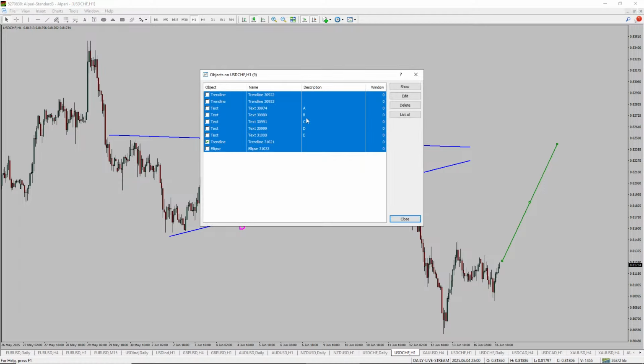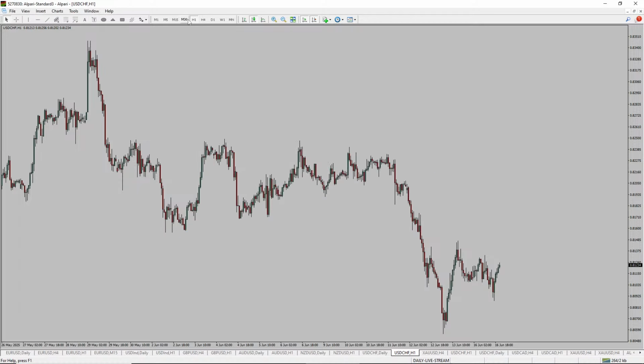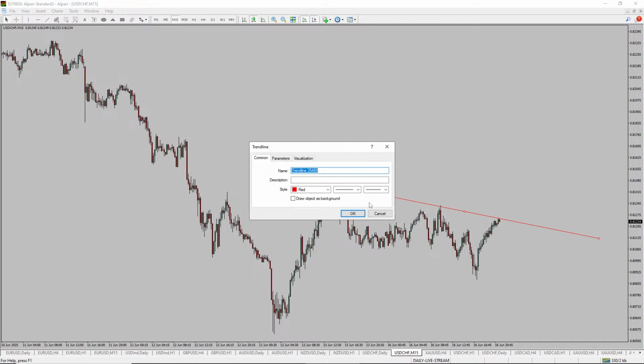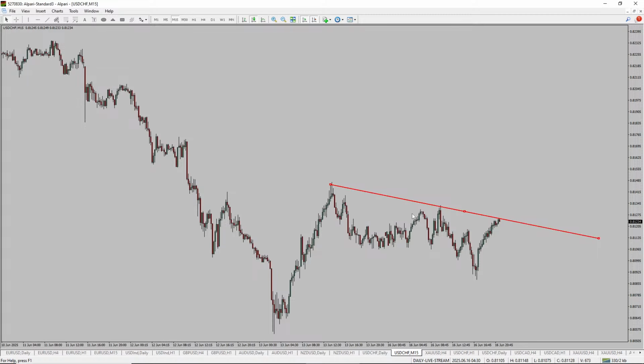What I mean by that, let me remove all of this. If you go to the 15 minutes time frame, let me zoom out a little bit over here. This is the bearish trend channel right over here, and I'm going to increase the width. So right over here we have this bearish trend channel.